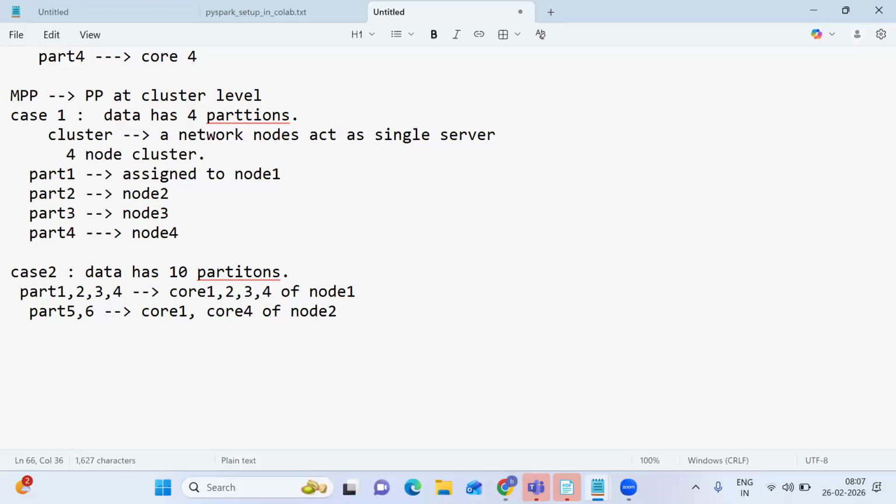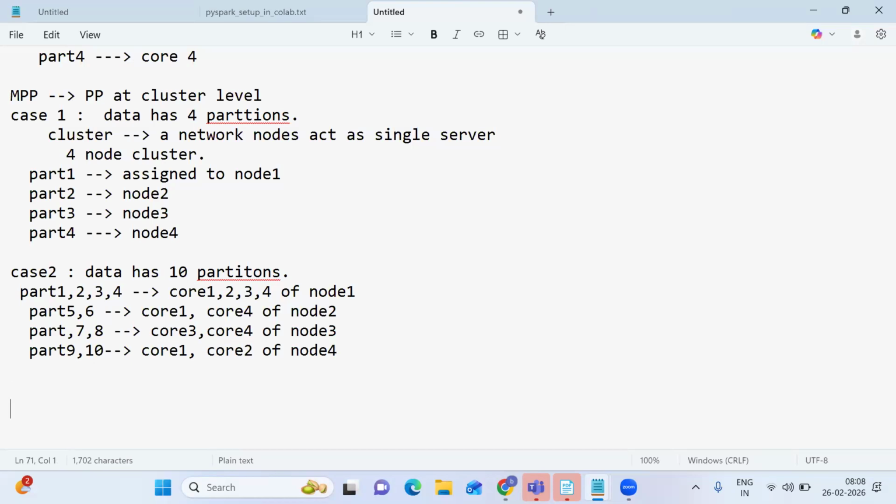There is some round robin algorithm internally. Suppose one core is already processing some data, it won't assign another work to that core. Whichever core is free at this moment, the work will be assigned to that core. Similarly, partitions 7, 8 to core 3, core 4 of node 3. What is pending? 9, 10. Maybe core 1, core 2 of node 4.